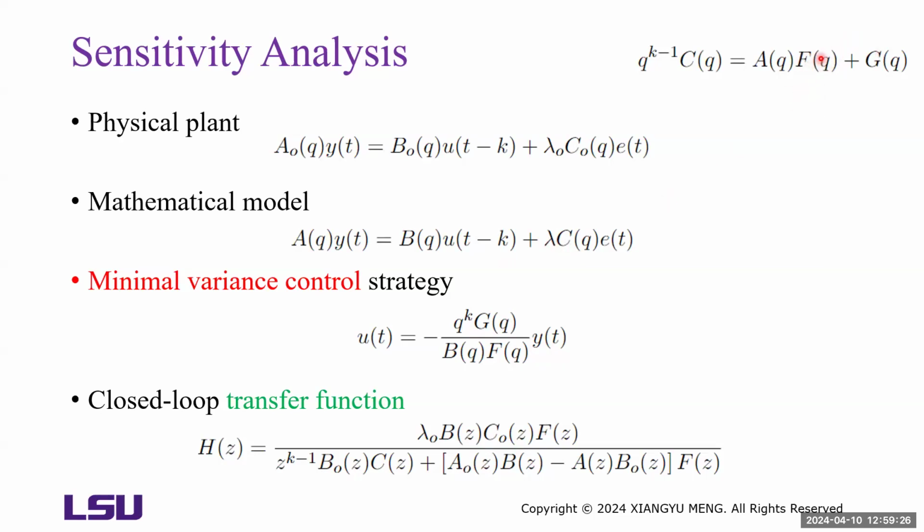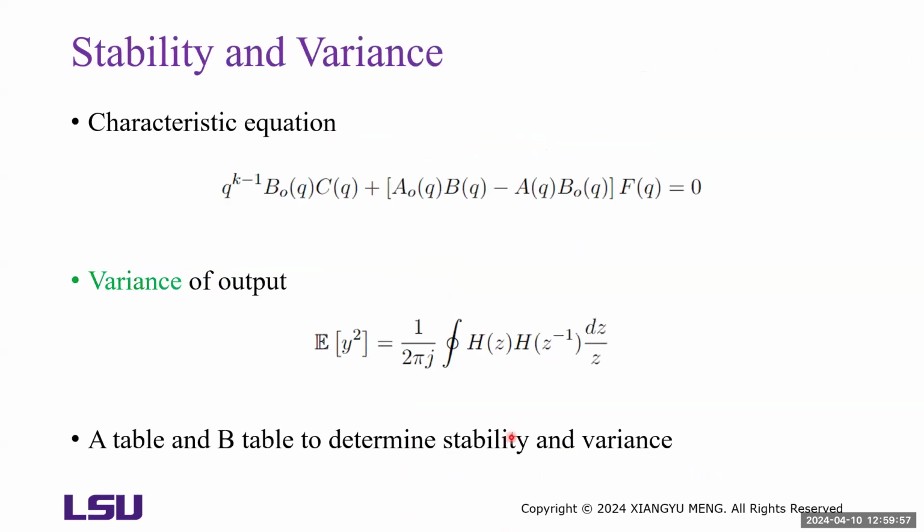Then we have this Z K minus 1 B naught from the physical model, C from the mathematical model, A naught from the physical model, B from the mathematical model, A from the mathematical model, B naught from the physical model, and F from the controller design based on the mathematical model. So this is the closed loop transfer function.